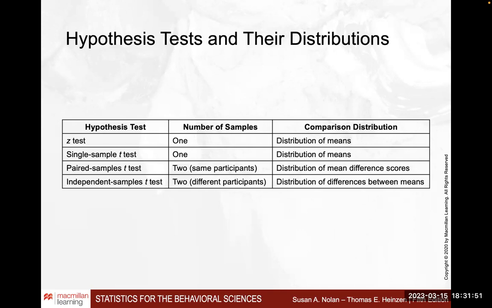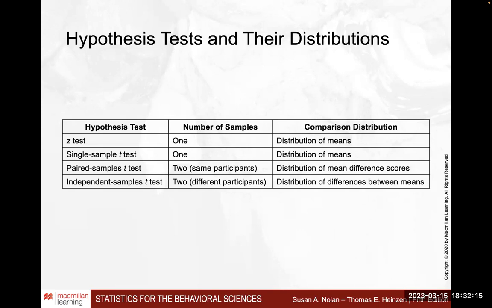The way you approach this, and we have done this quite extensively, you calculate the difference from before and after. You collapse it arithmetically to this one sample of difference scores. So your comparison distribution is the distribution of mean difference scores, and this is what you will utilize for your hypothesis testing.